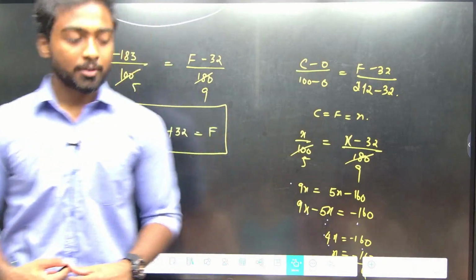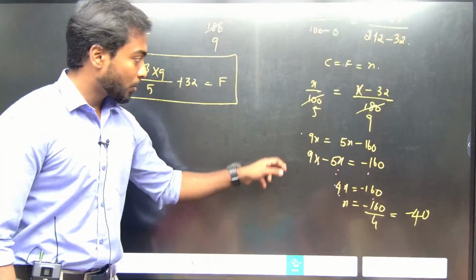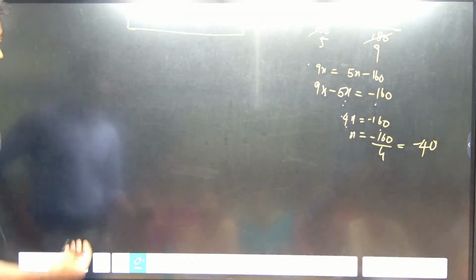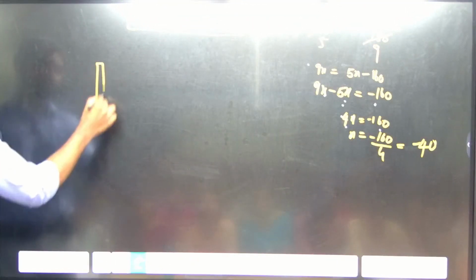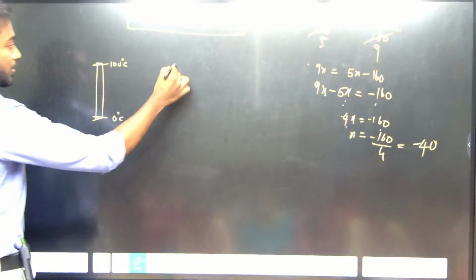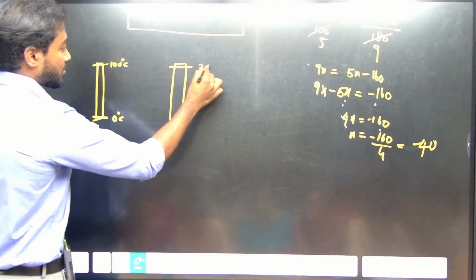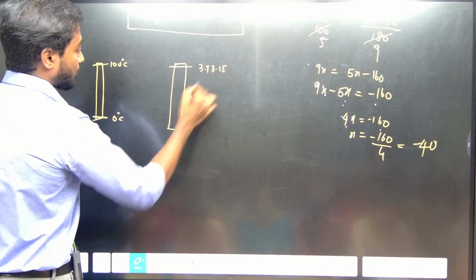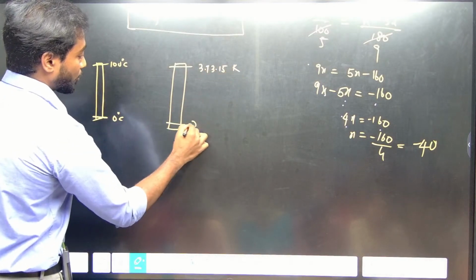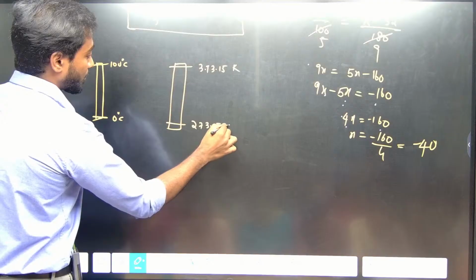Yes, no. Like this is my scale, 100 degree Celsius and this is 0 degree Celsius, and this is my 373.15 Kelvin, 273.15 Kelvin.